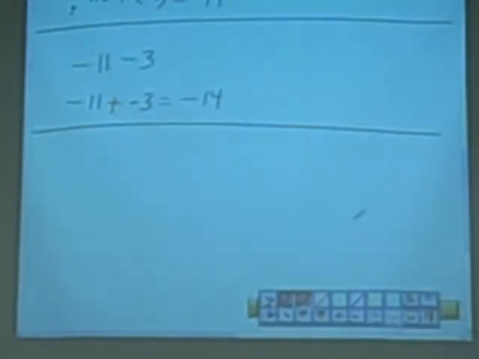Now let's say that we're looking at what is 7 less negative 5. When we say less, what do we mean?